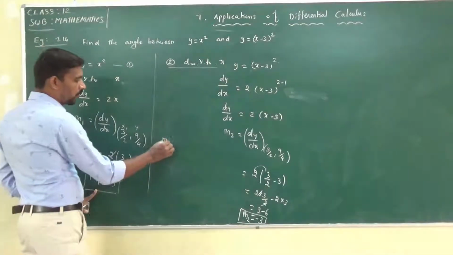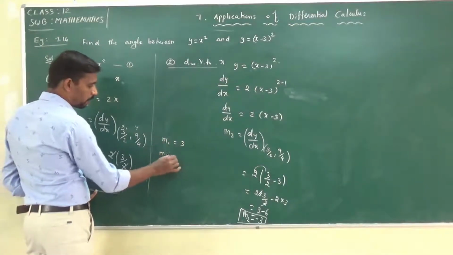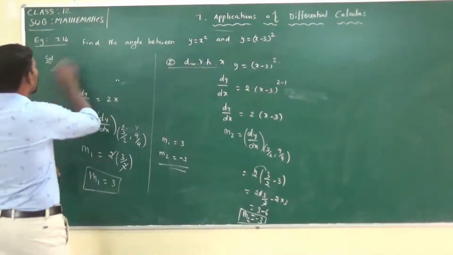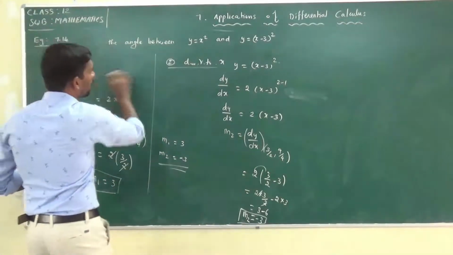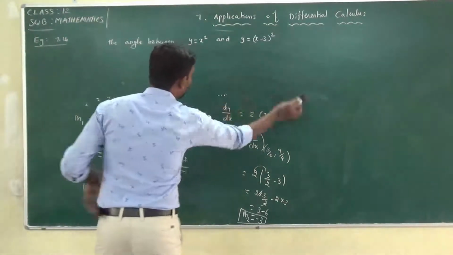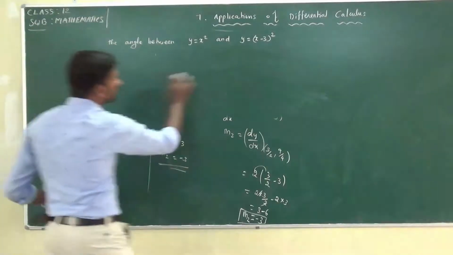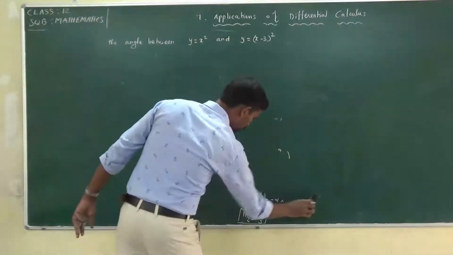So we know very well m1 is equal to plus 3 and m2 is equal to minus 3. Now we want to use a formula for the angle between the curves.